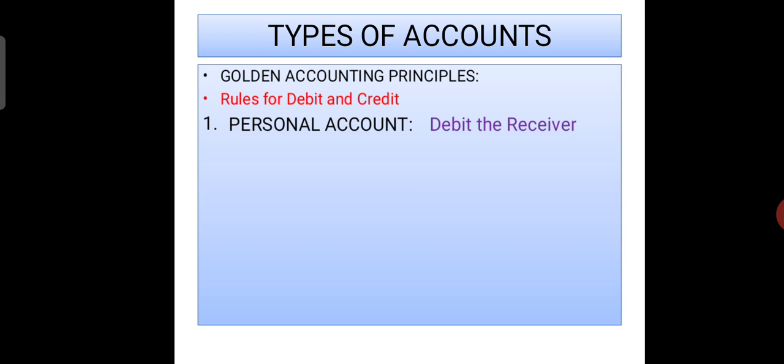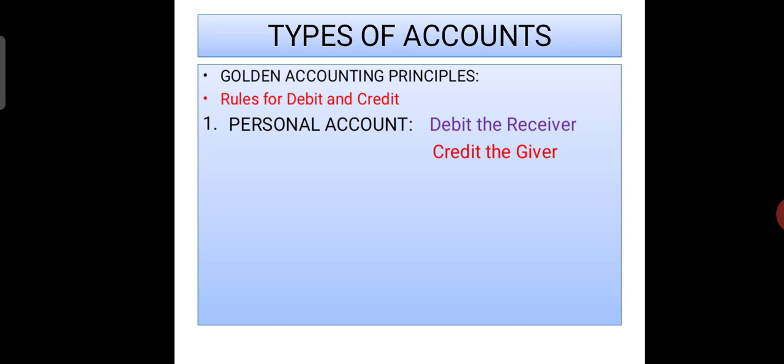For example, Rama, SBI Bank, ABC Company, other institutions. All these are the names of institutions and individuals. So when there is the name of a person or institution or organization, then that can be taken under personal account. So here the personal account principle is that debit the receiver, credit the giver.